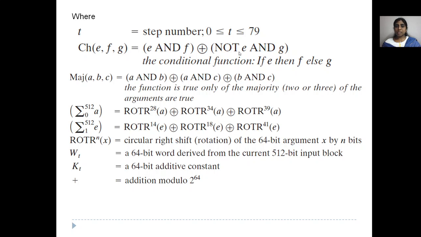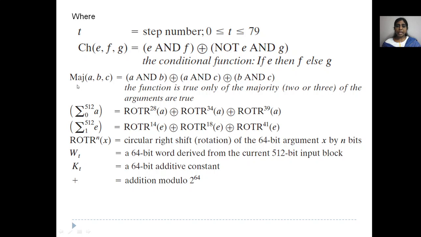If zeros are there, we are going to change them into 1. If ones are there, we are going to change them to 0. Then we are going to apply the AND operation with G. So the conditional function is: if E then F, else G.